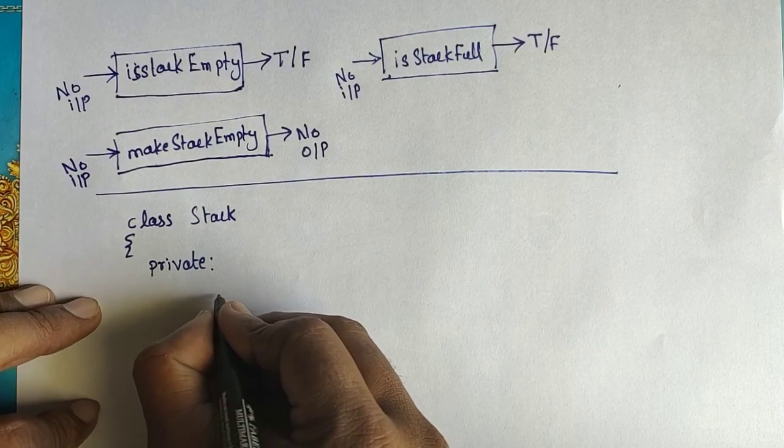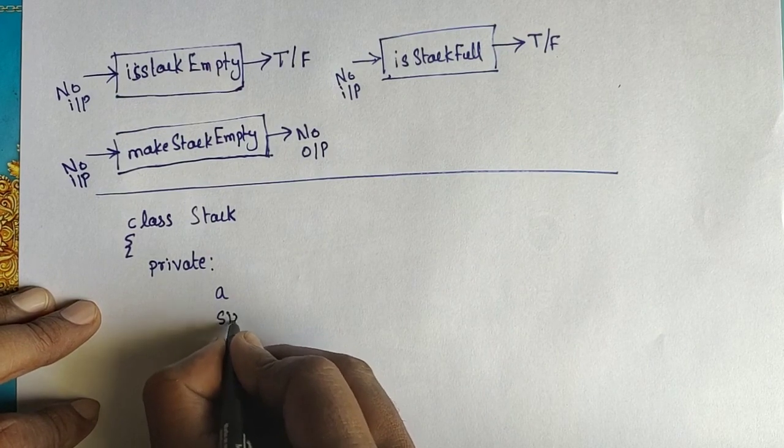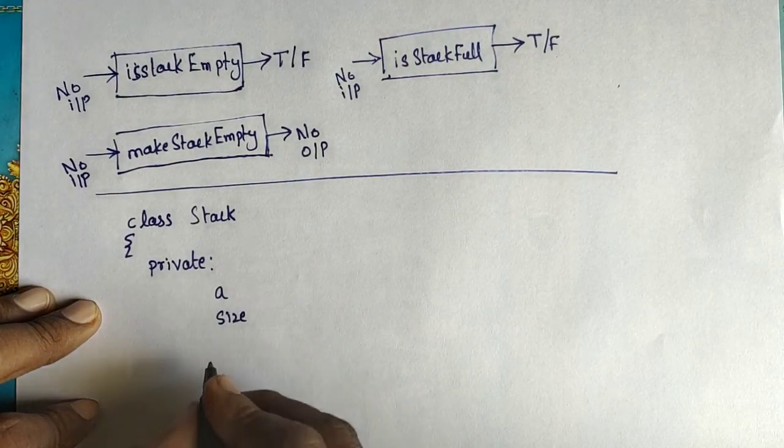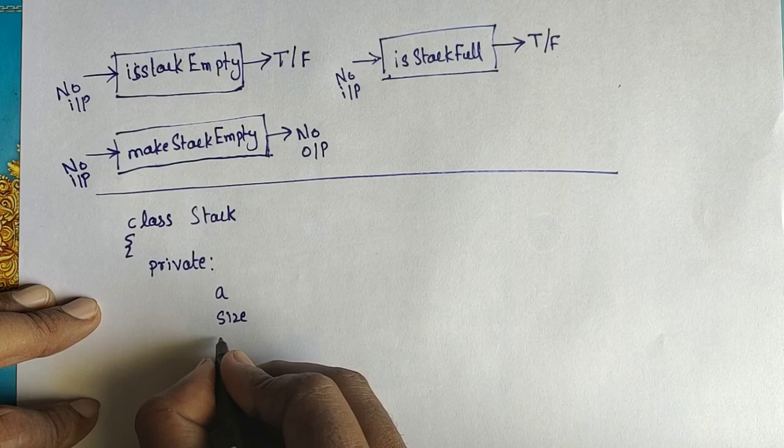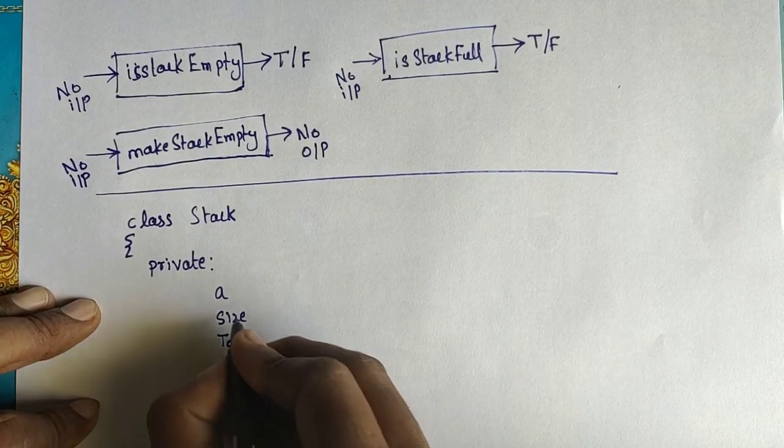That is, I need A as an array, size to store the maximum size, and another element called top to maintain the index of the element.